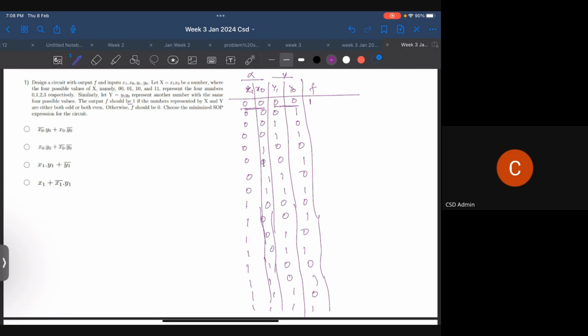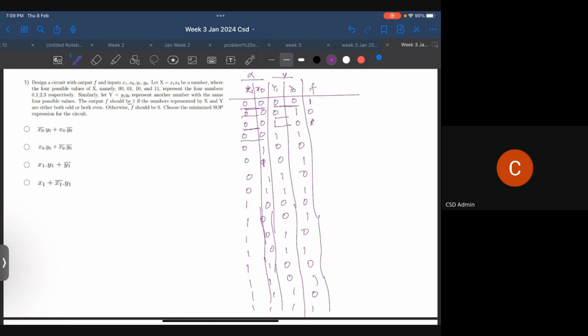Now the second row, this is even but this is odd, so it will be 0. And the third one, this is even and that is also even. So we just check the LSB, sir? Yes, the least significant bit, the last bit. If it is 0, it is even.